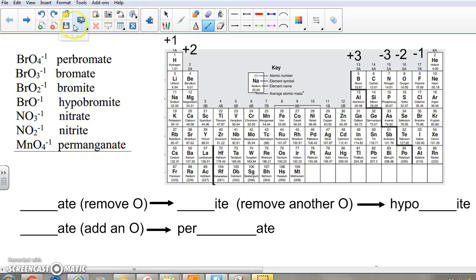So we're going to learn the ones that end in ate, bromate and nitrate, and we're going to ignore the ones that have the per prefixes. We're just going to memorize nitrate is NO3-1 and that bromate is BrO3-1.